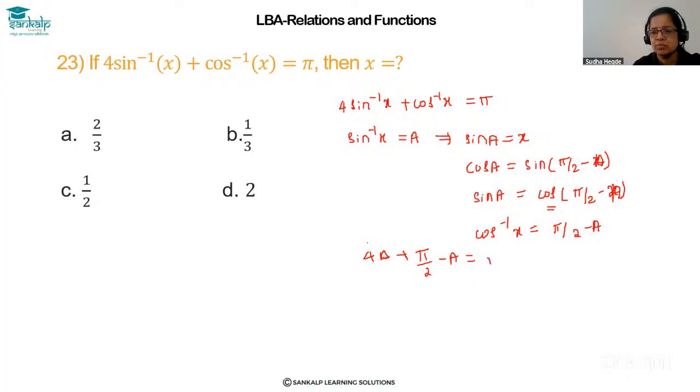They have given. So 3A is equal to pi minus pi by 2, implies 3A is equal to pi by 2, implies A is equal to pi by 6. Correct?